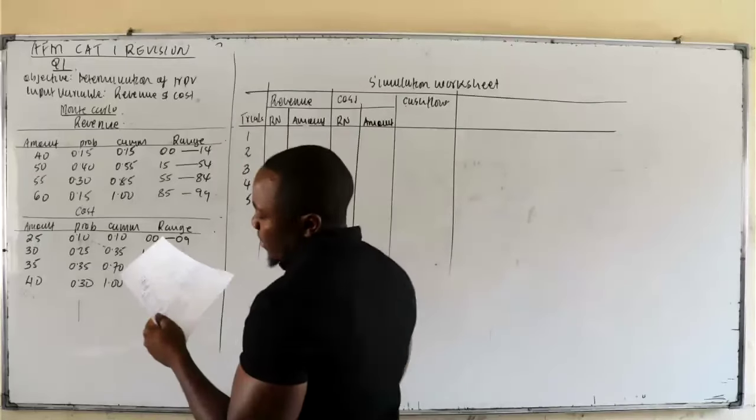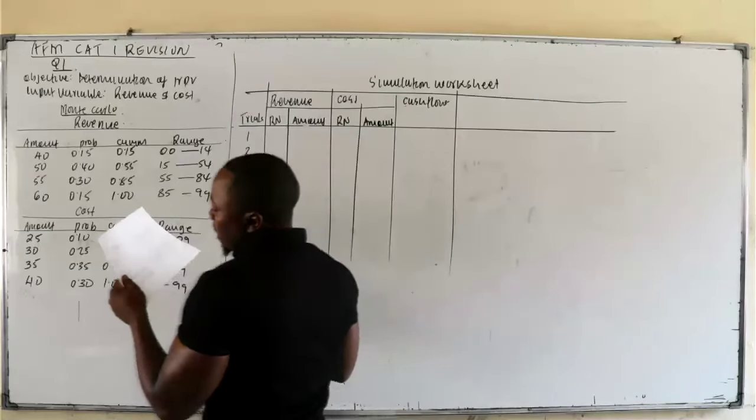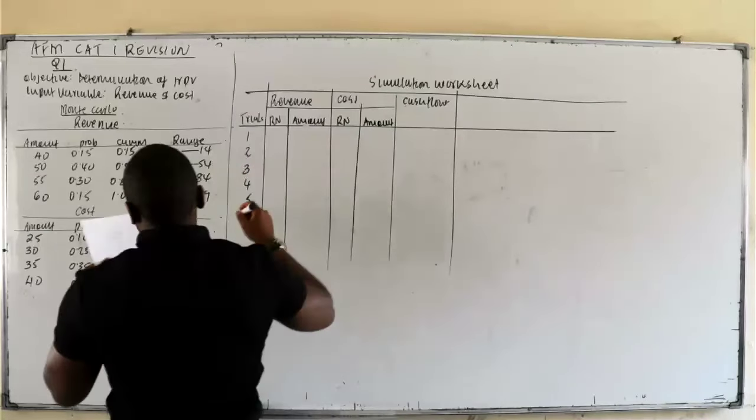And now let's start with the revenue. For the revenue, we had the random numbers: we have 37, we have 20, we have 56, 19, and 47. For the cost, we have 84, we have 01, we have 89, we have 18, and we have 48. Now let's use the Monte Carlo to get our amount.